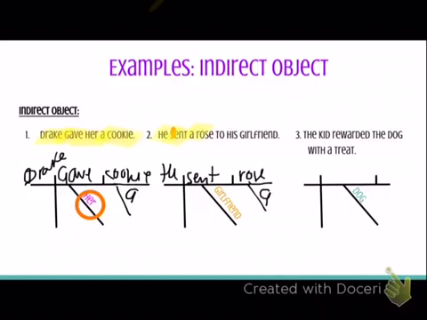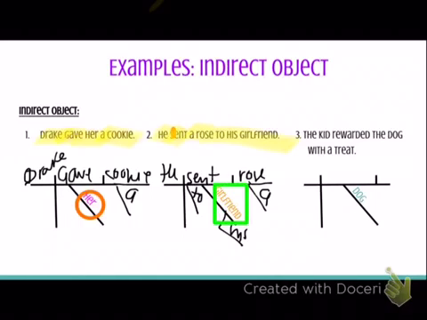A, because it's describing a rose. To whom was the rose sent? To his girlfriend. To is a preposition, so we're going to write here to. His is describing girlfriend. And girlfriend will be the main indirect object.